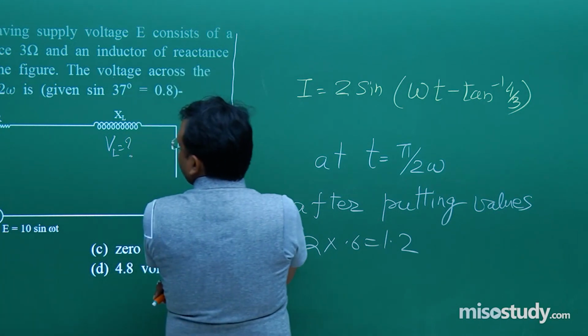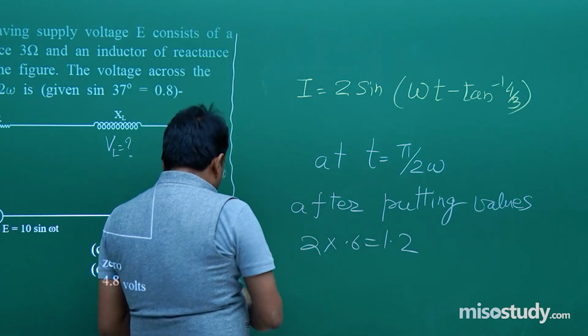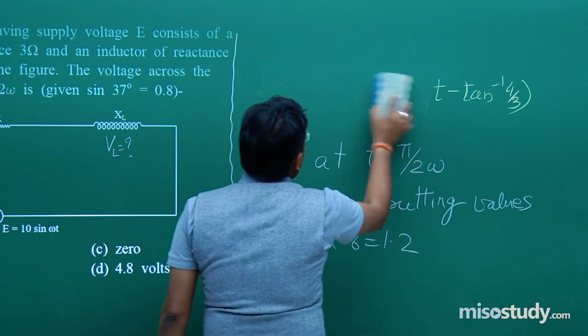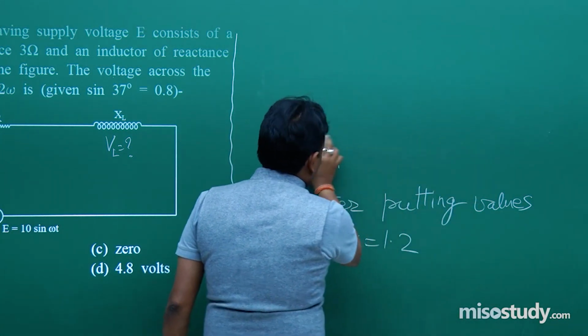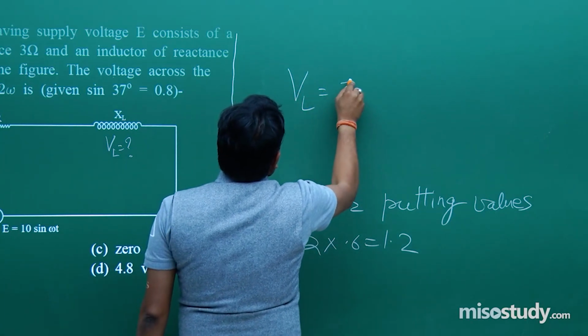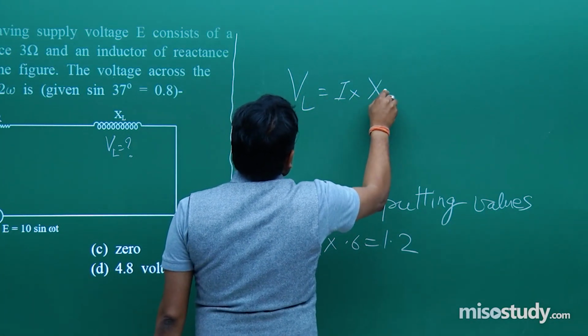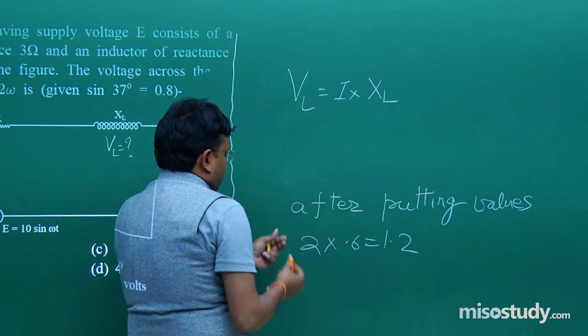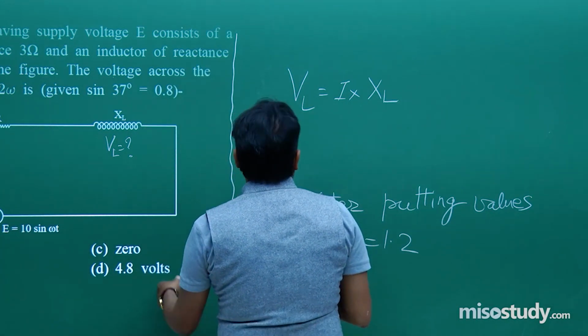Now after this, actually our target is to find out that VL is equal to I into XL, fine. So, put the values over here and you will get 4.8 volt.